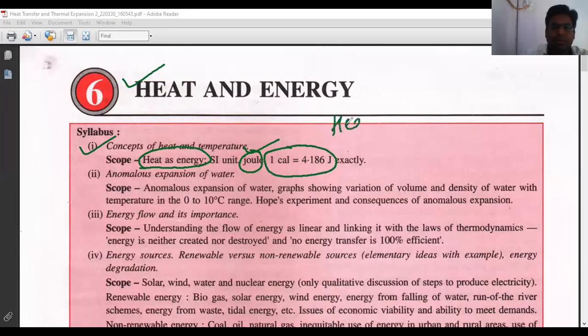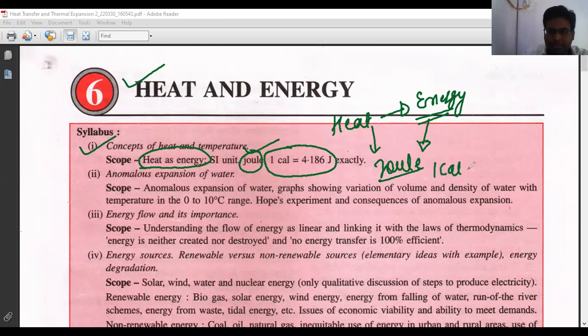So heat is nothing but a form of energy through which we get energy, and the unit of heat is joule, and we know 1 calorie is equal to 4.186 joule exactly.